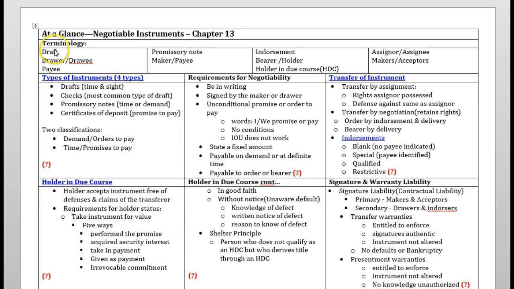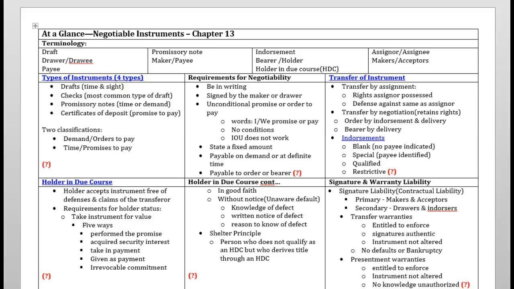It talks about a draft. The best way to put this is, I'll give you the technical terms and then we'll sort it out from there.